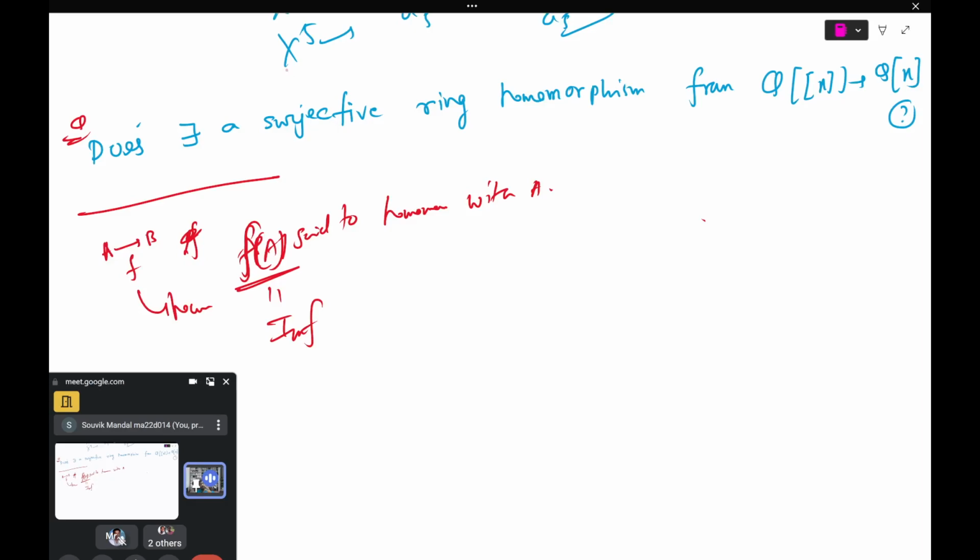Homomorphic is something which is the image of the domain. Suppose B is said to be homomorphic with A; it means there exists a homomorphism f from A to somewhere else whose image is nothing but B. Understand? Yes, sir.